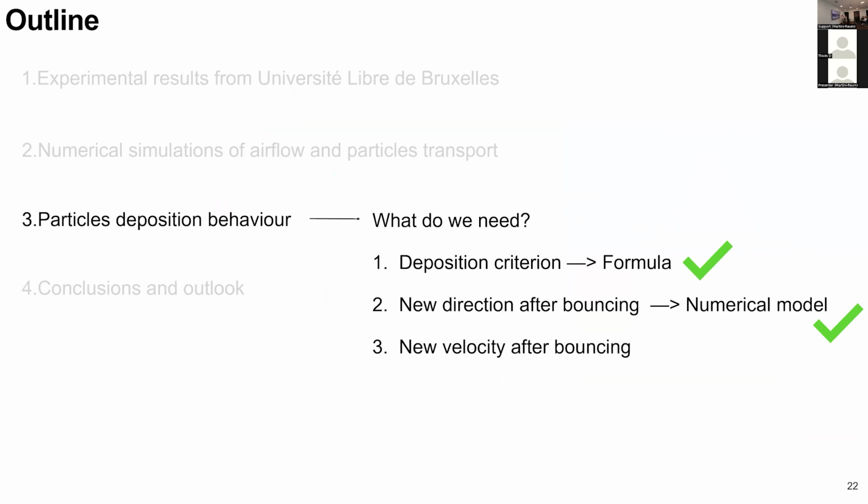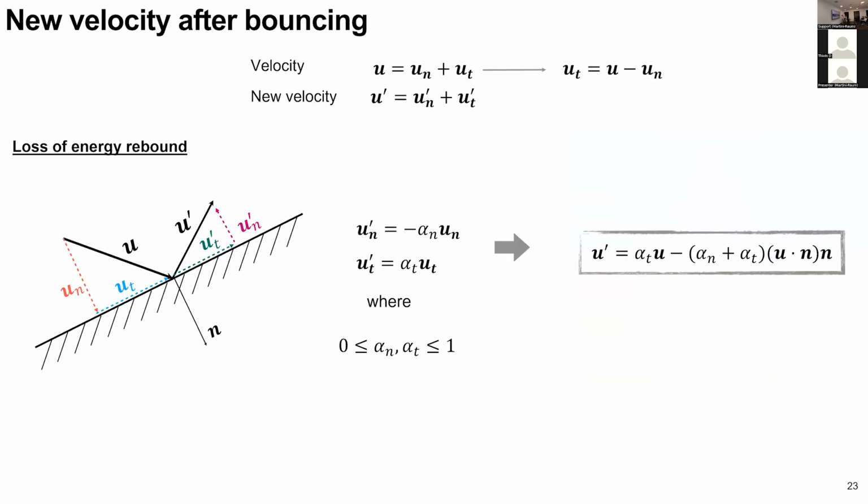Now, for the new direction after bouncing, we have a numerical model. What's the new velocity after bouncing? For this, we can look at this diagram, which is in 2D but really helps in understanding what's going on. We can decompose the particle velocity into the normal component and the tangential component.